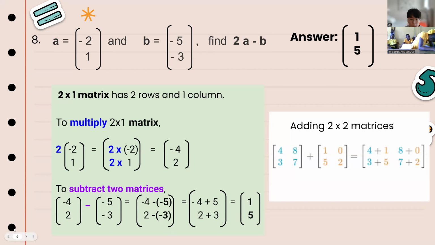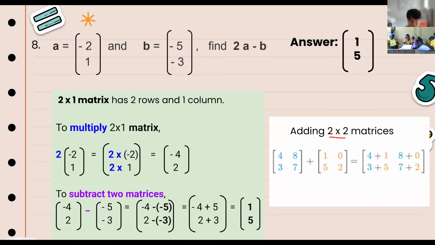And you can also add 2 by 2 matrices as well. We only dealt with 2 by 1 in this case, but 2 by 2 matrices work the same way. You add the same components.